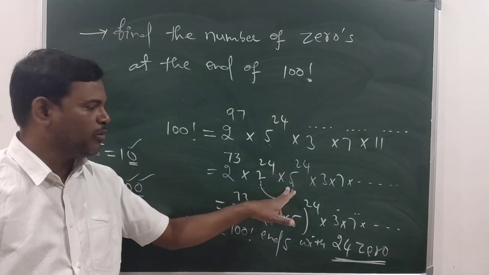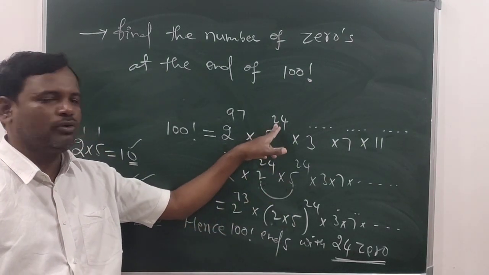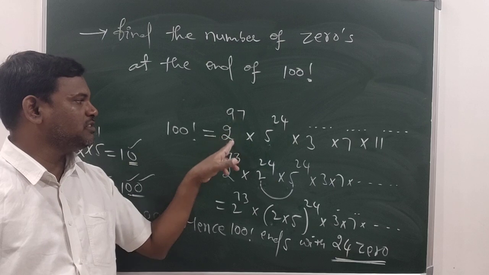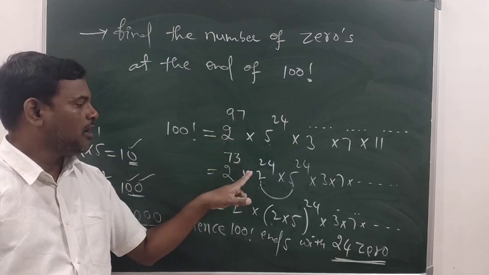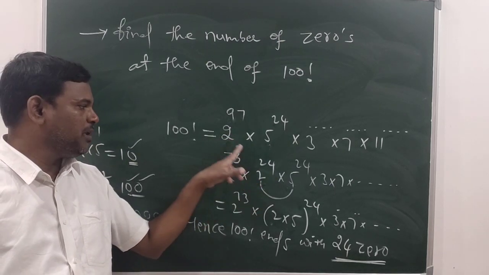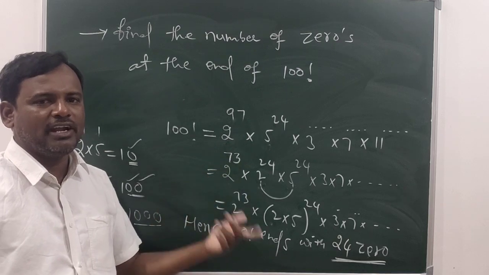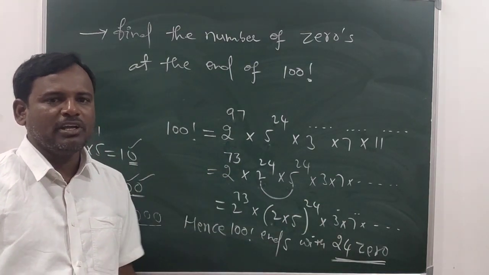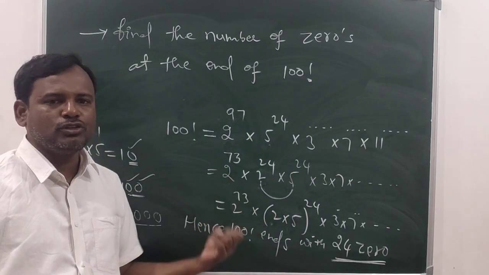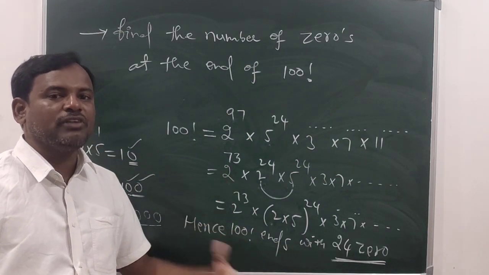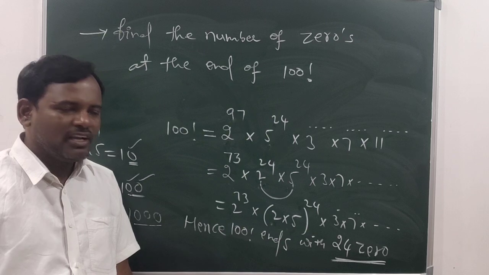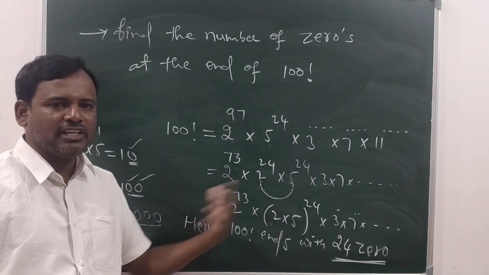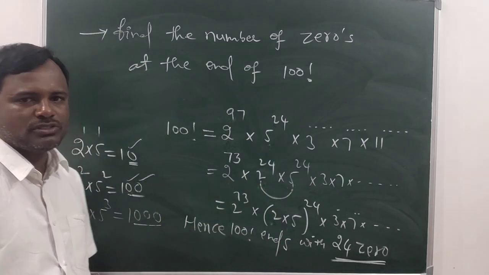Hence I collected 2 and 5. Here I have 24 fives, here 97 twos, but in this I took only 24 twos. The remaining I did not collect because no 5 is there to form a 0. To form a 0, one 2 with one 5 should be included. Here we have twos but we don't have fives. Hence this many twos, this many fives I collected. That is the answer to this question.